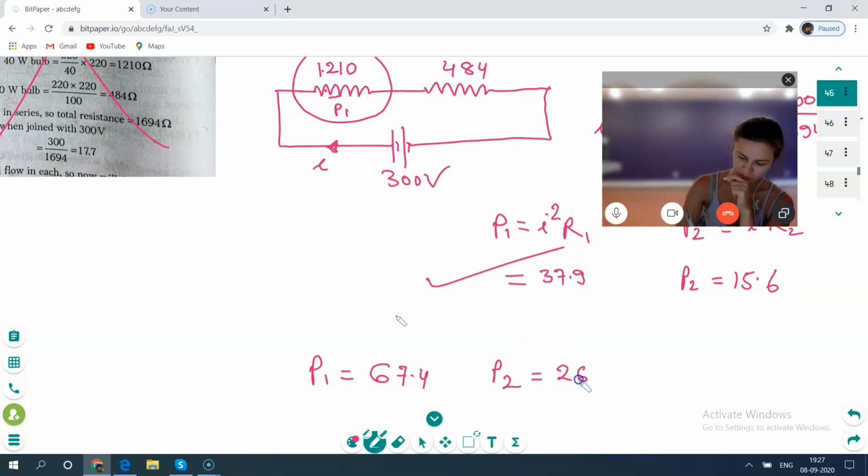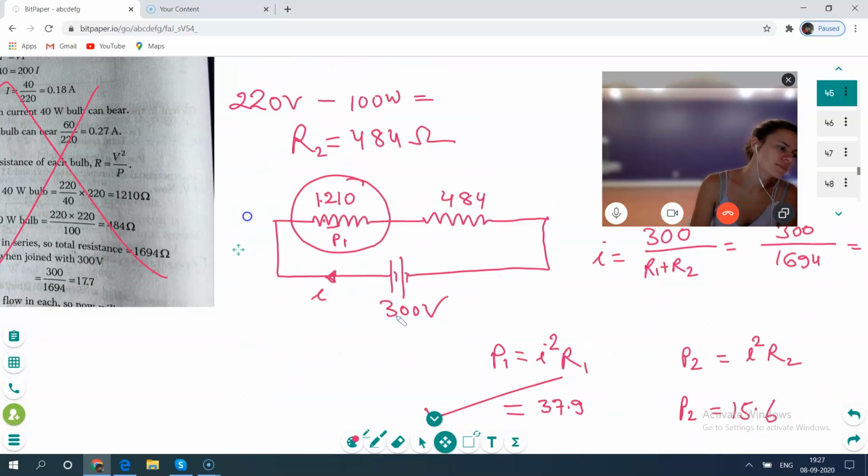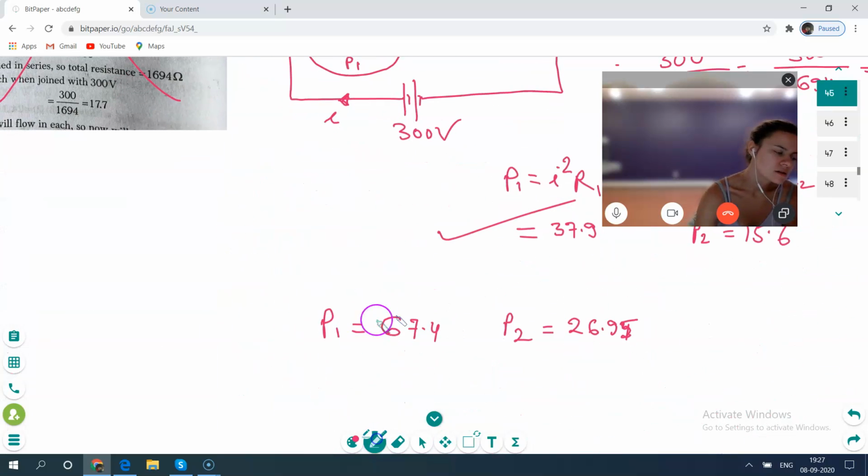So P1 is going to fuse, too much. P1 can sustain only 40 watts. So P1 is going to be fused.